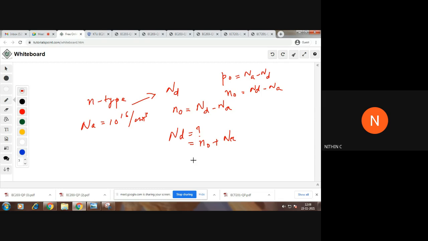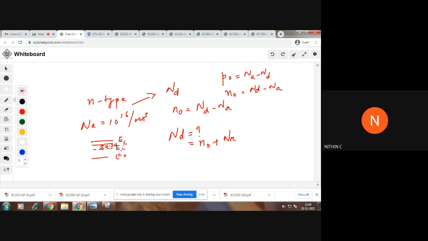Now another clue that is given will be obtained from the energy band diagram. EC, you have EV over here, and in the center you have EI, and the Fermi level position is said to be 0.36 electron volt above EI. That means this difference is 0.36.